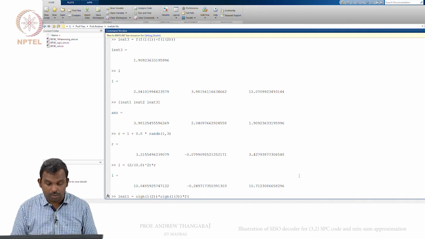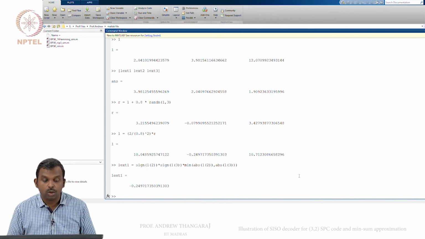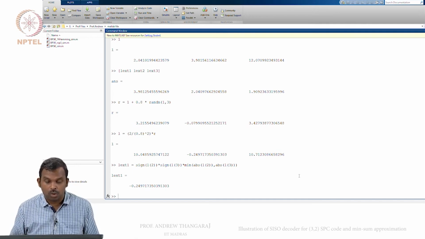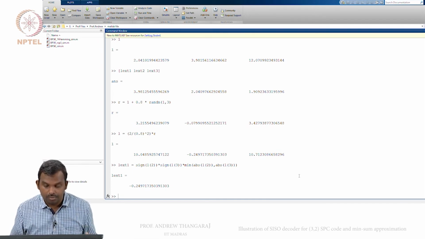For the absolute value, I can use the f function, or I can use the min function, min of ABS of L of 2 comma ABS of L of 3. So, there you go, that is Lx1. So, the extrinsic LLR for the first bit is minus 2.4. You can see it is sort of close to the minimum value that you have. Okay.